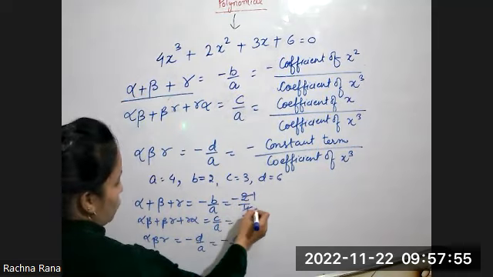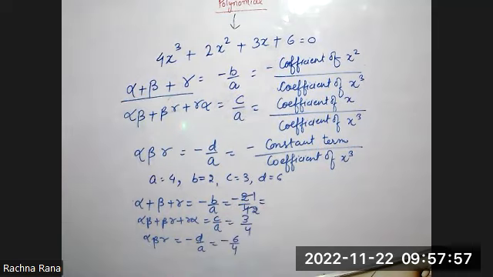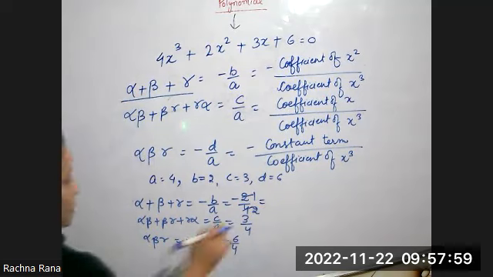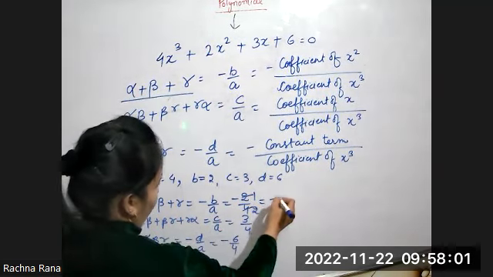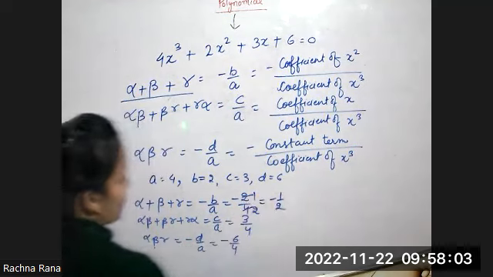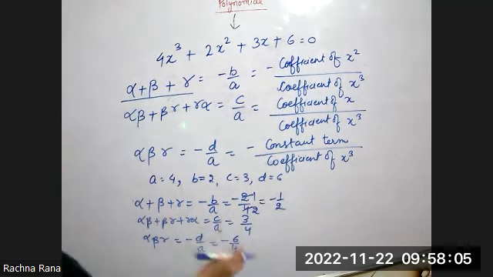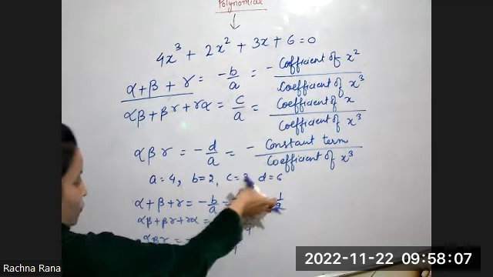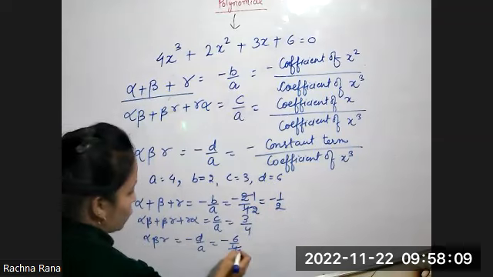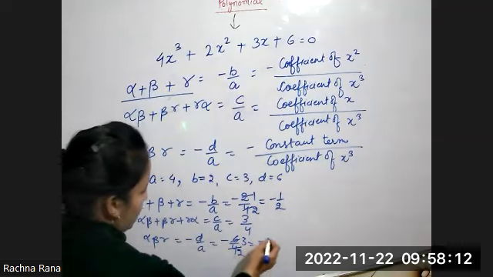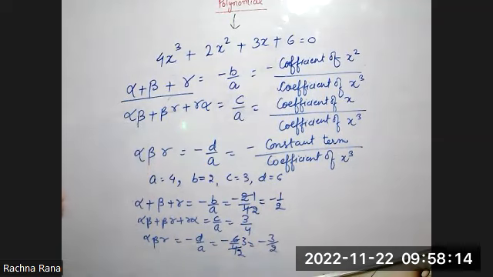2 ones are 2, 2 twos are 4. That value will be cut. Minus 1 over 2, means we have to convert this value in simplest form. 2 twos are 4, 2 threes are 6. That is minus 3 by 2. Now, next point is zeros.